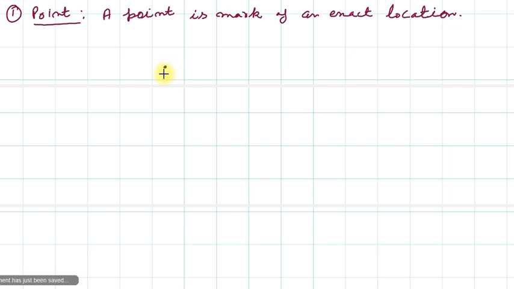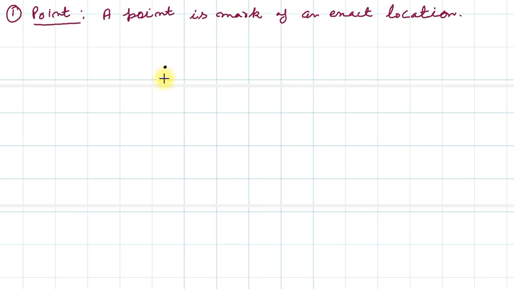In general we draw or mark a point like a fine dot marked with a sharp-edged pencil, and that represents our point, right? So how can we represent our point? We denote a point by putting a capital letter.